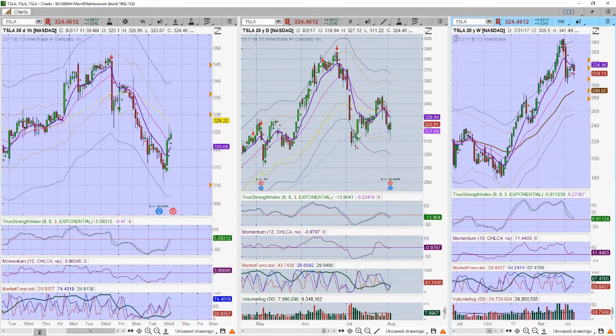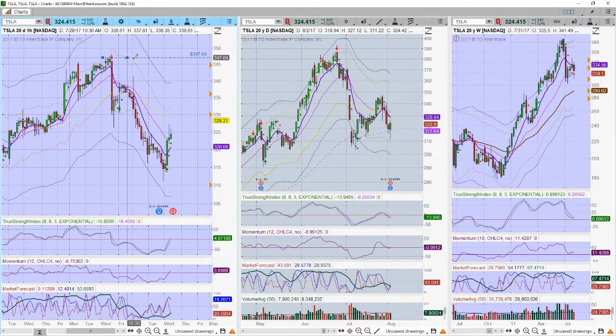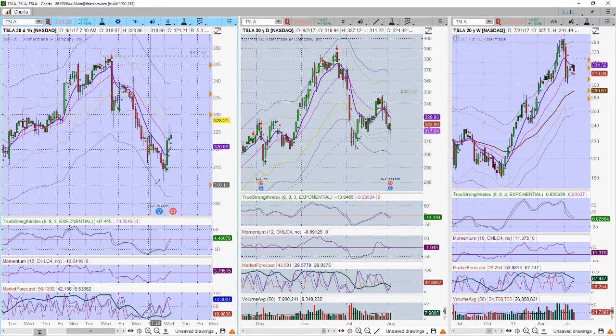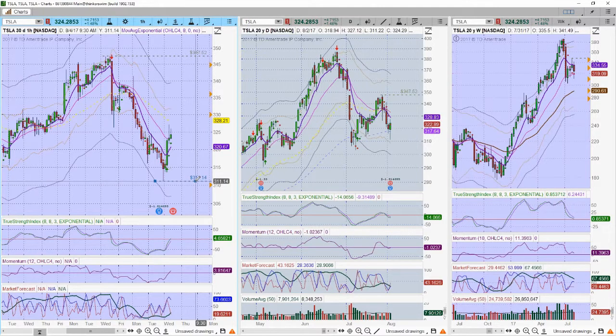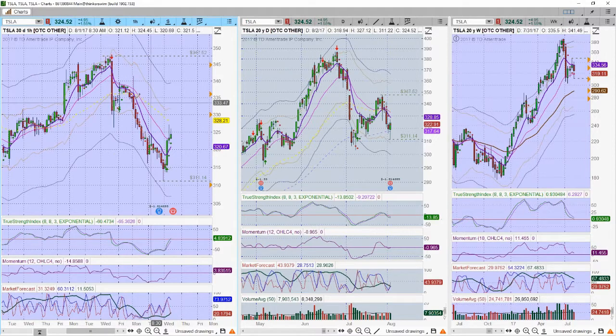So on a 2-week basis, Tesla has basically gotten up to this high. This is one area we're going to take a look at. So that's the high, and that's the low so far. And as we can see, that turns out to be about a $36 range.